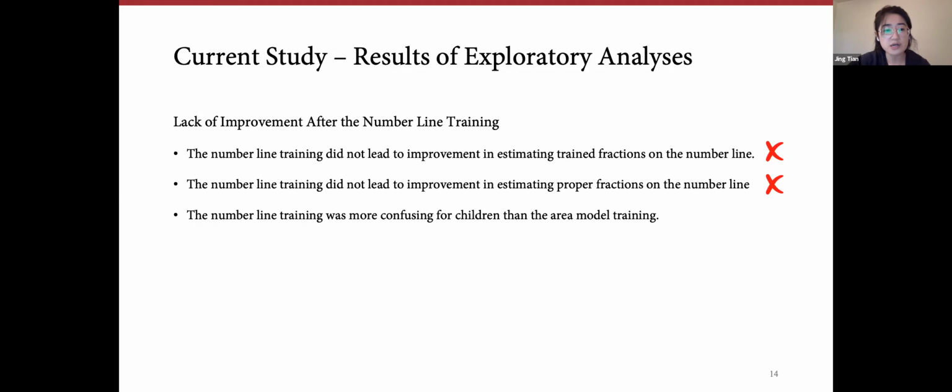Finally, we looked at the number of errors children made during training, and we found that children who received the number line training made more errors than those who received the area model training, suggesting that the number line training was more confusing for children than the area model training.